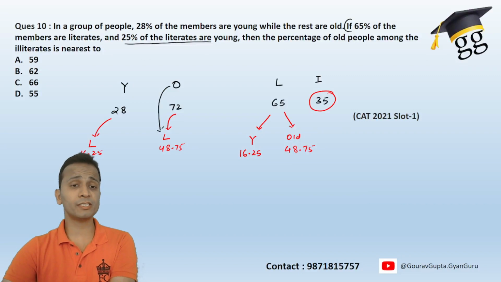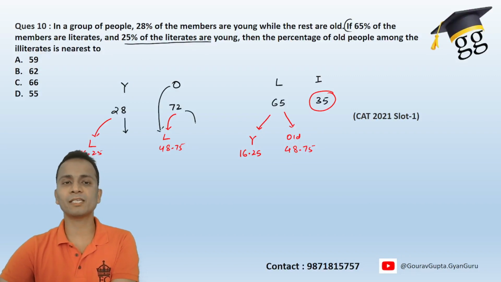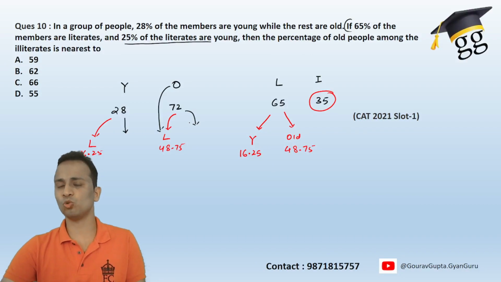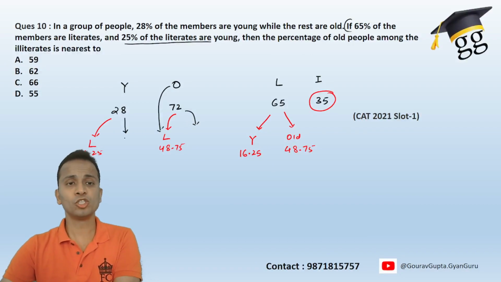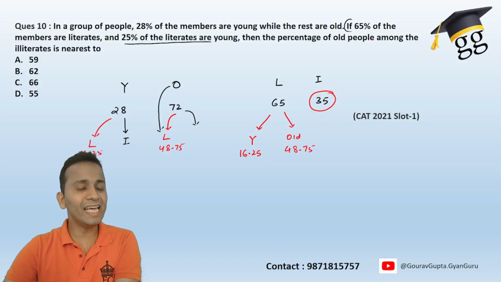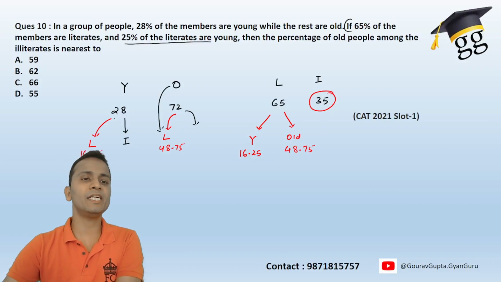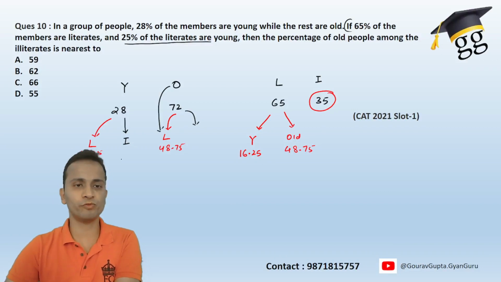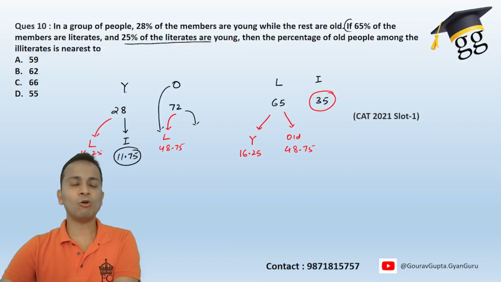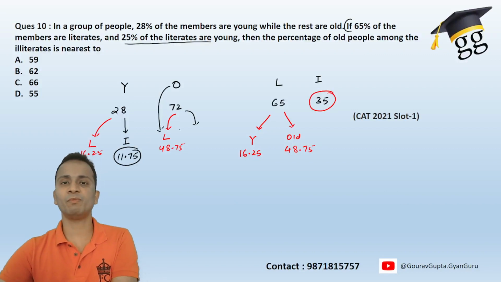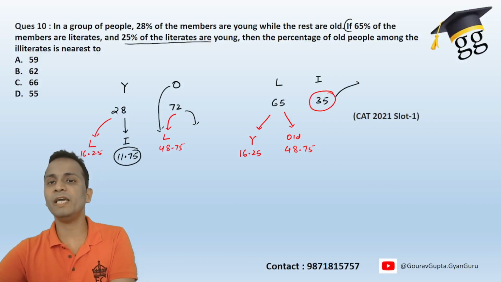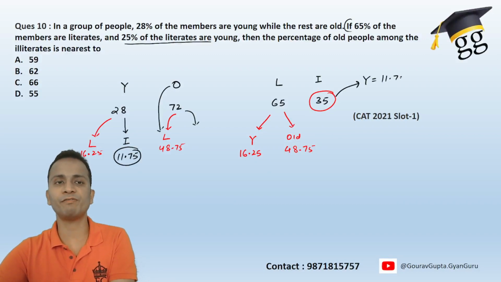Number of young literates calculate कर लिया. अब यहां से नंबर ऑफ इलिटरेट्स भी कैलकुलेट कर सकते हैं. कोई भी एक चीज कैलकुलेट कर लो, दूसरी चीज अपने आप कैलकुलेट हो जाएगी. सो नंबर ऑफ यंग illiterates will be 28 minus 16.25, that is 11.75. Okay, so out of illiterates, number of young will be 11.75.